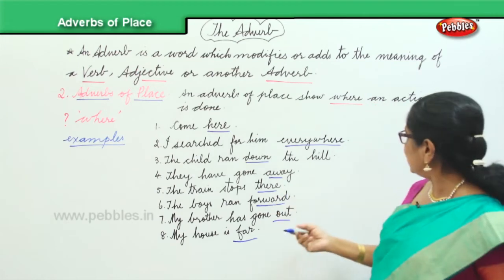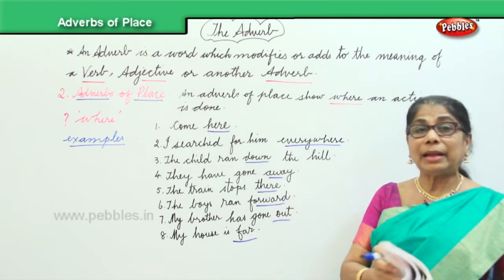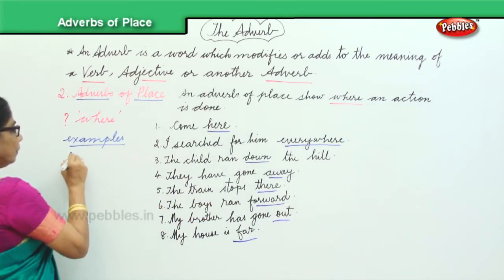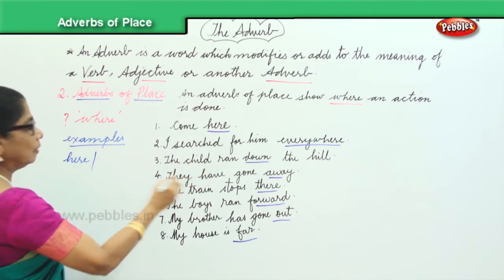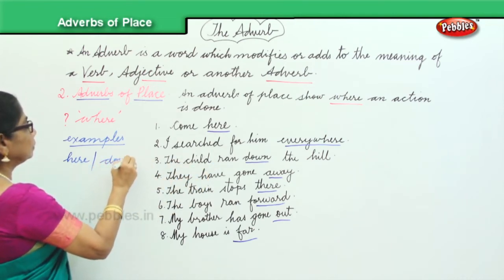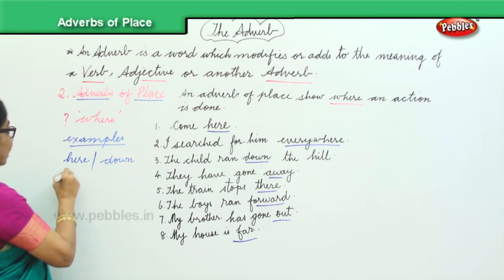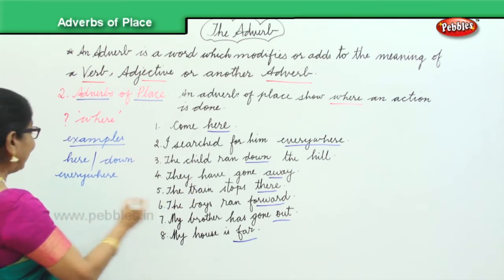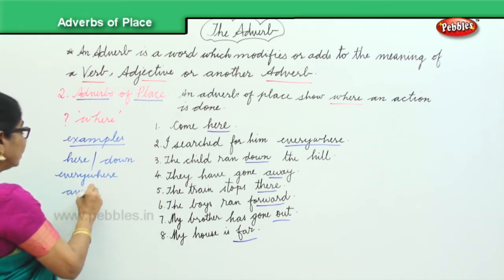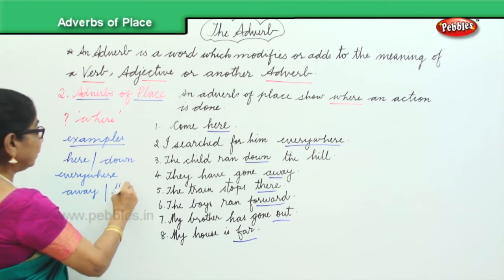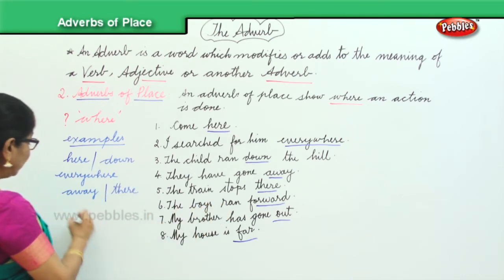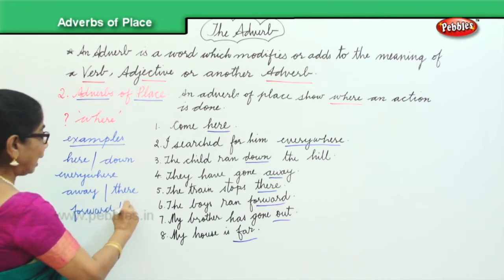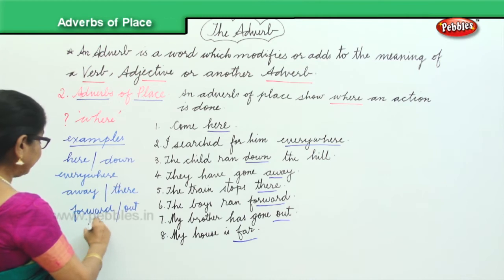We have some more words and we can make our own sentences. Here we have words like here, down, everywhere, away, there, forward, out, far.